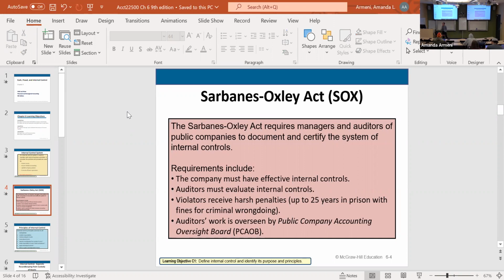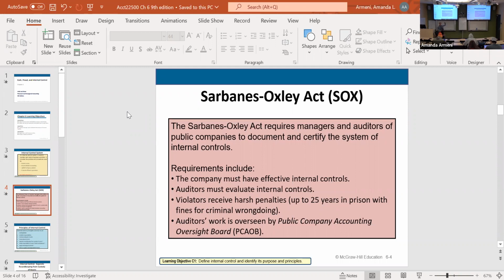But it's a piece of legislation that was enacted by Congress in 2002 that said that not only do companies have to have an accounting system that produces financial statements, right? That's a rule. If you are a company and your stock is traded on the New York Stock Exchange, you have to make financial statements on a quarterly basis and on an annual basis. It's a rule by Congress, okay?